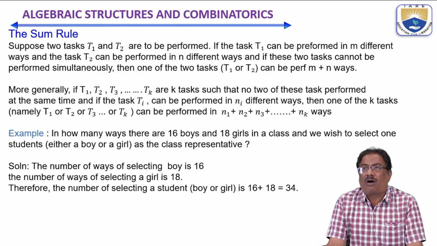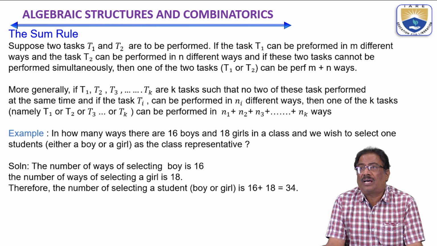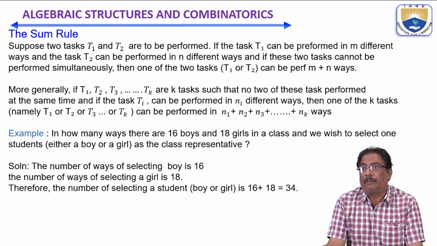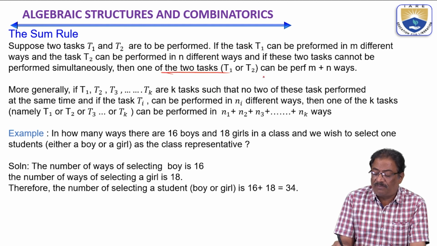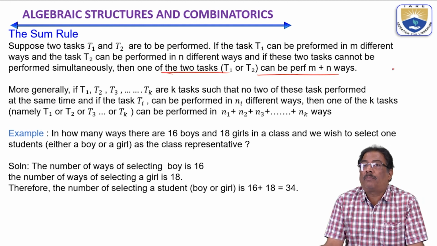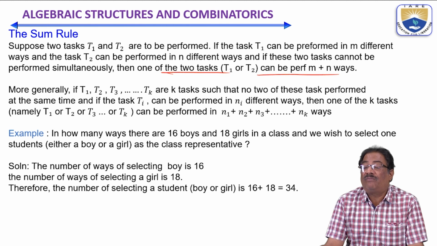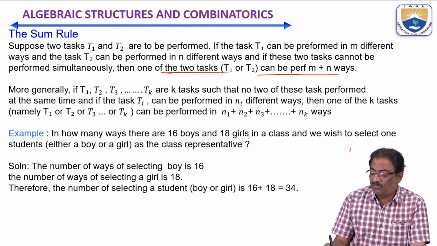If T1 can be performed in m ways and T2 can be performed in n different ways, and these two tasks cannot be performed simultaneously, then one of the two tasks, this is important, can be performed in m plus n ways.